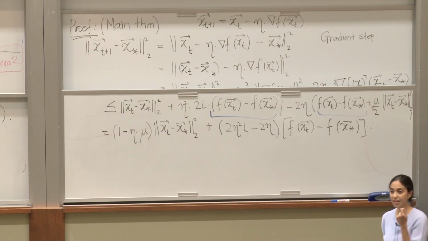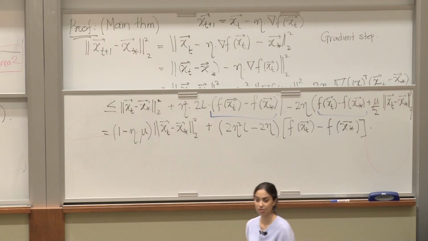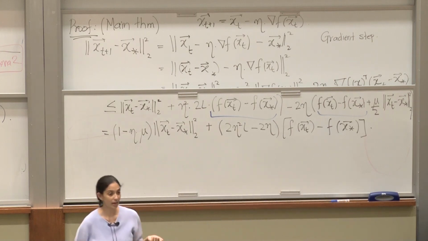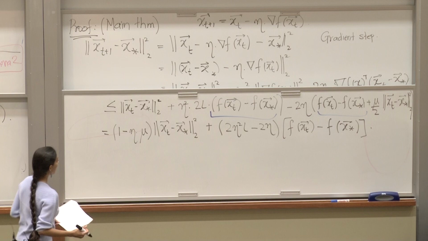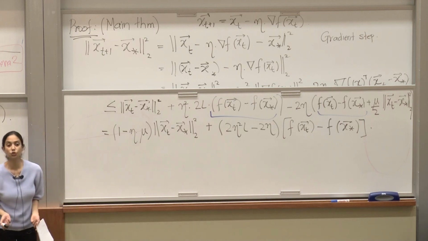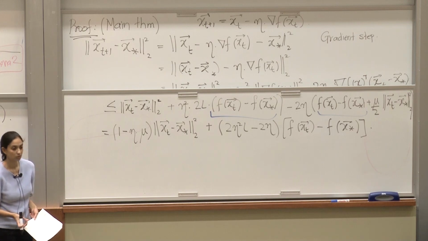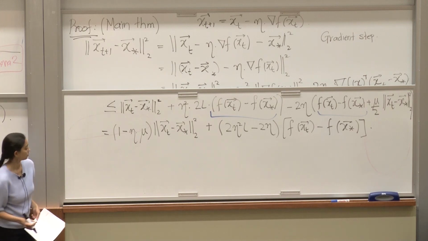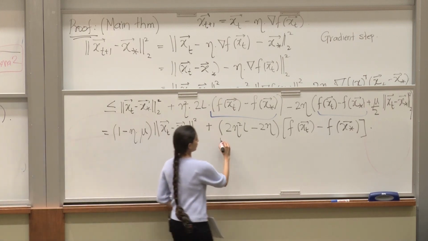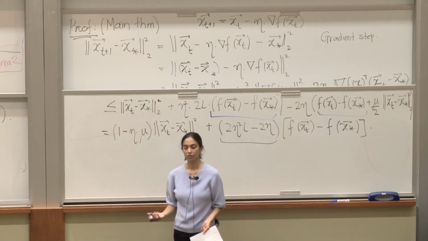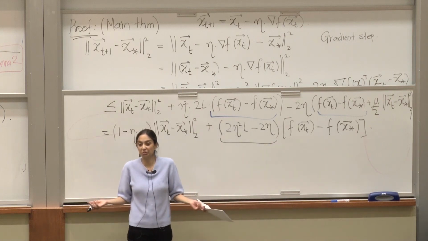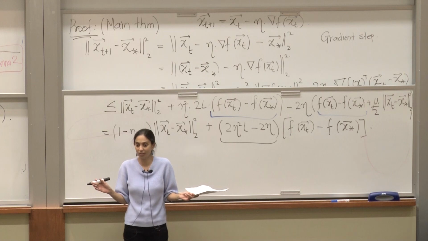Can we make the second term go away? What is the one thing that we have control over that we haven't used yet? Eta, right? So now, what eta do you want to choose? You want this thing. If we could make this equal to 0, then we wouldn't have to bother about it at all.